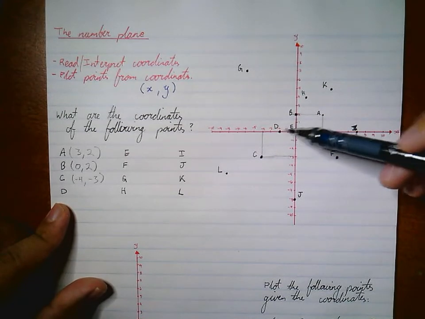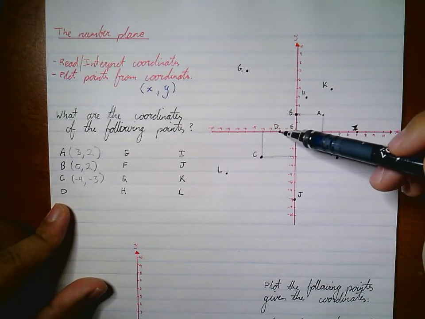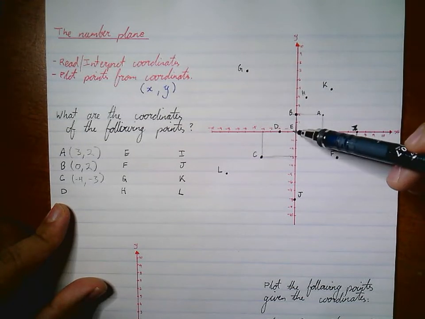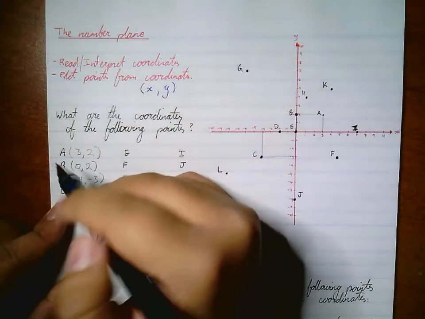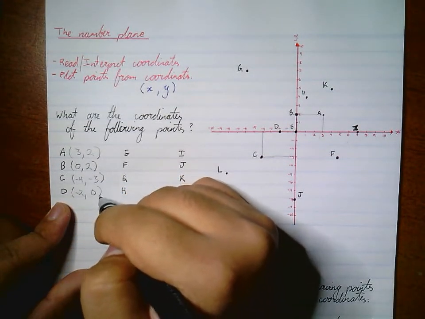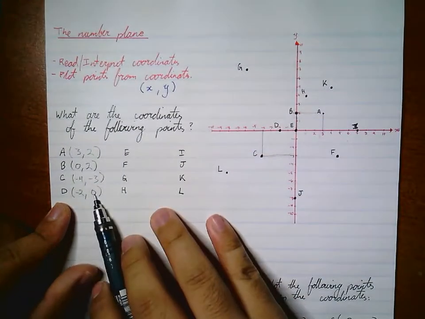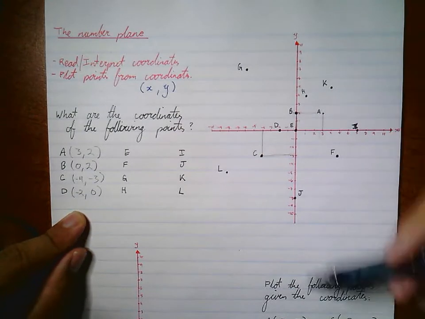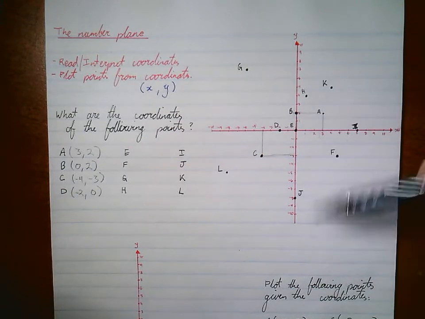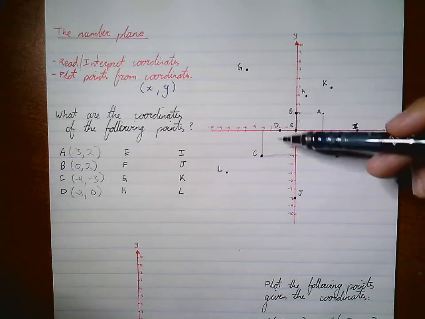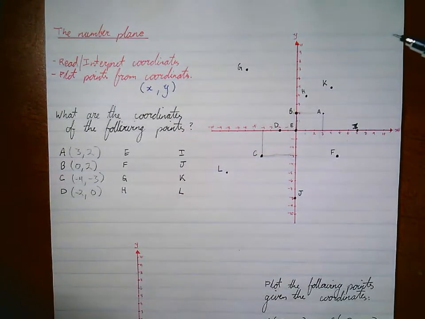D has moved twice to the left, and it hasn't moved up or down. So D must be -2, 0. Remember, the y coordinate tells us how far up or down it has moved. Since D hasn't moved up or down, it is on 0.